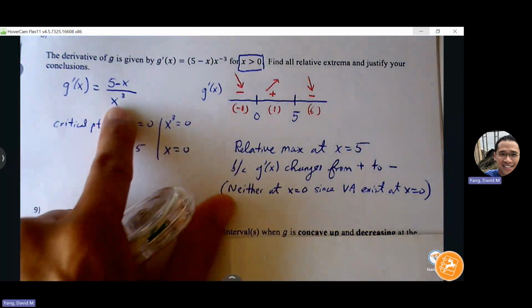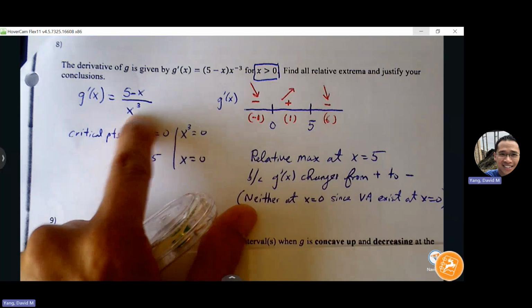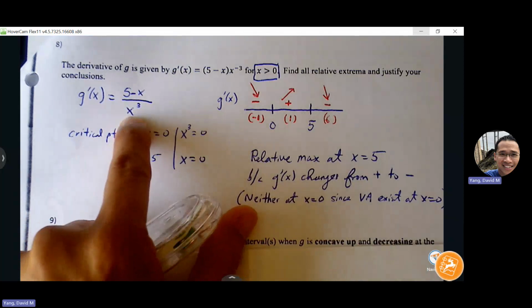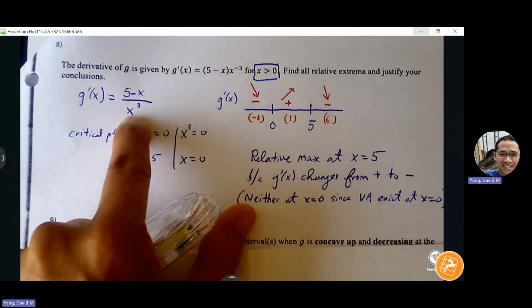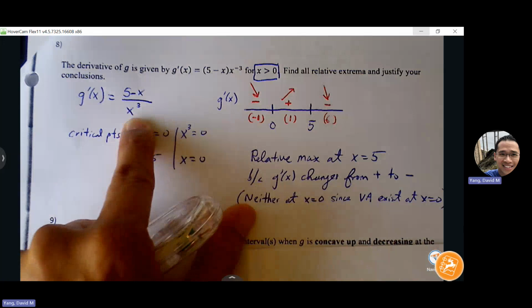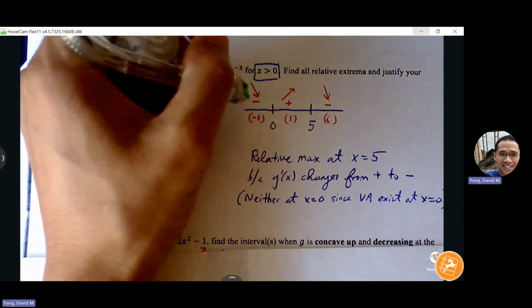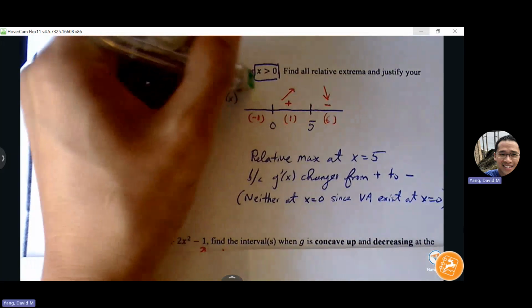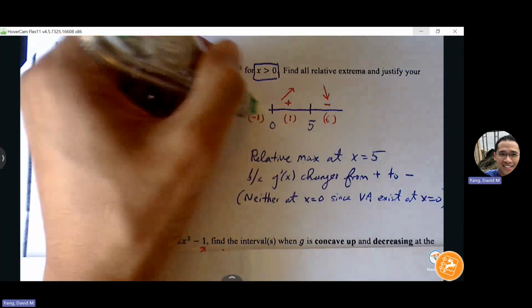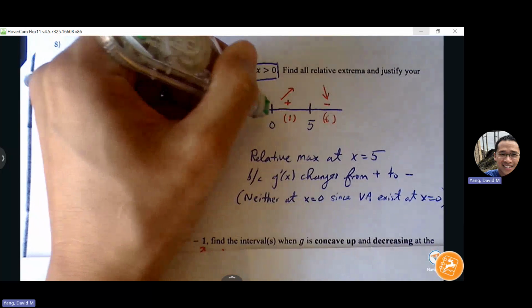Typically if there's a denominator with no radicals, this is indicating that that vertical asymptote came down from the original function, and it'll continue to be there. But yeah, I think they made that condition there, so you don't have to worry about what's happening at 0.